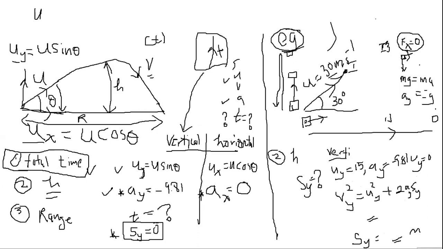Okay, one minute for you. VY is 0, so 0 equals 15 squared plus 2 times negative 9.81 times SY. Okay, good. Find SY. So SY is 11.47 meters. Good. Did everyone get 11.47?